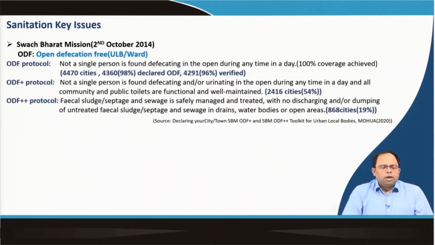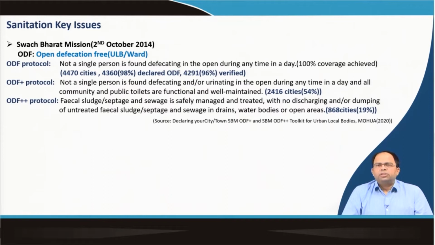On 2nd October 2014, the Swachh Bharat mission was launched. As I was telling you, this was the first mission which not only focused on an awareness campaign, but also had a clear goal. Three kinds of protocols were defined, known as ODF protocols.